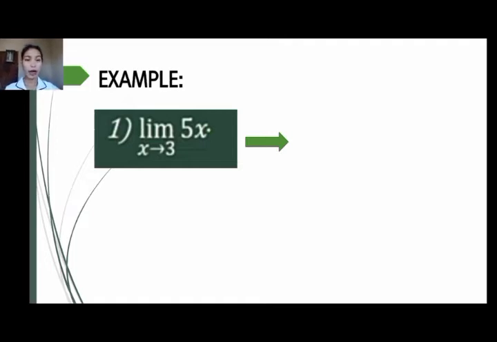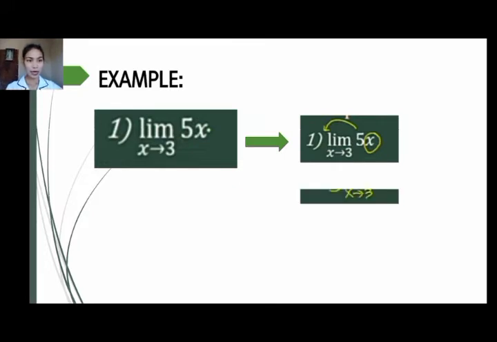First, we have to separately treat the limit of our k, or the constant number, outside of our function. So we have to put 5 outside of our limit, so it will become 5 and the limit of x as x approaches 3. It is very clear that we can't get the limit of our function directly.